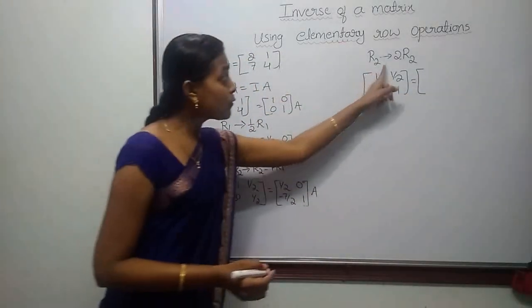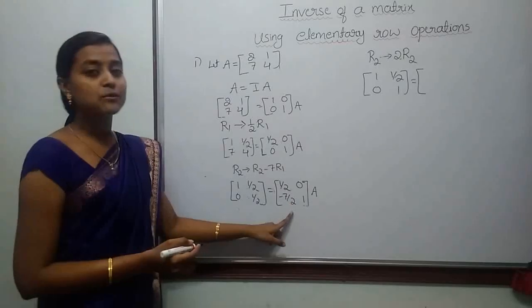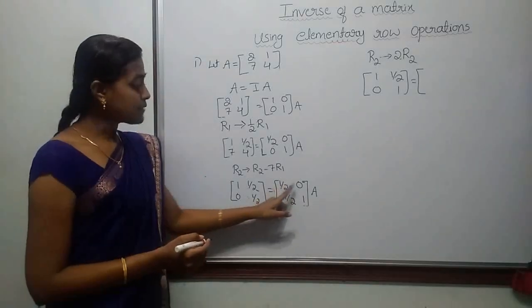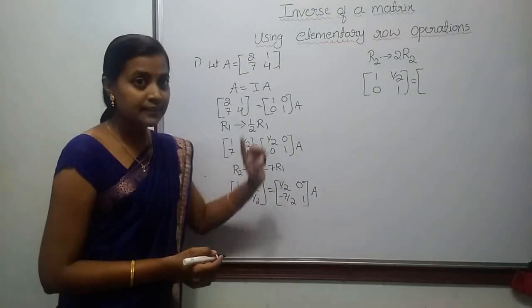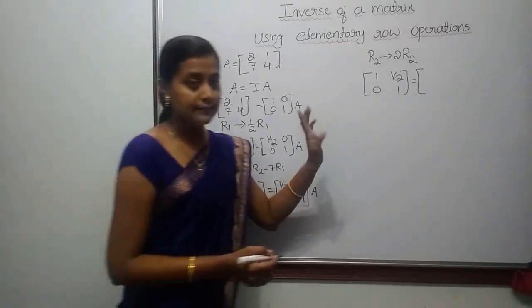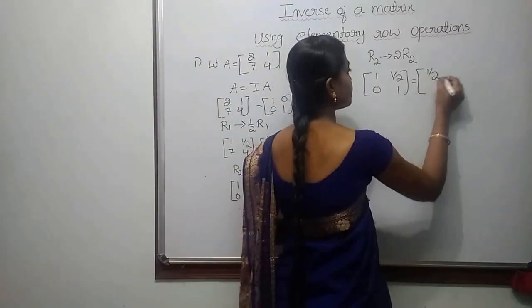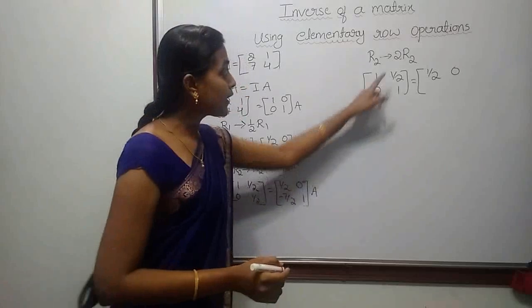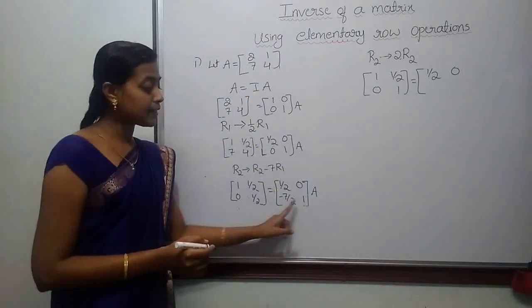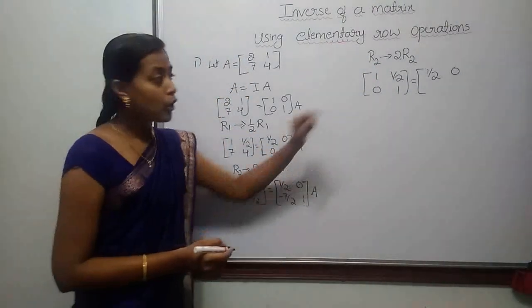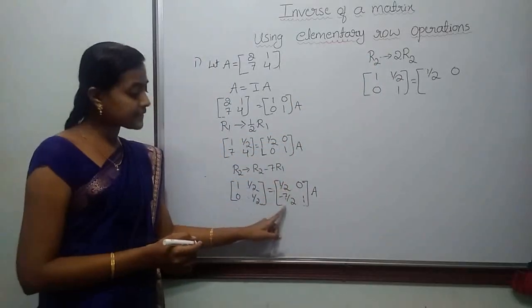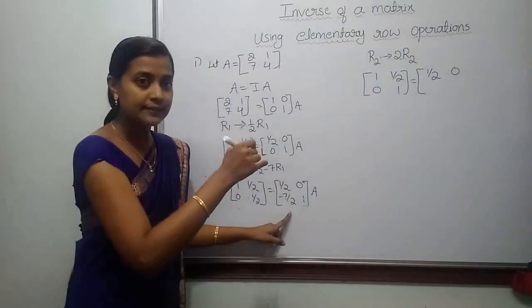Apply the same operation in the RHS also. I'll write the elements of first row as it is. 1 by 2, 0 as it is. Multiply 2 to each of the elements of second row. 2 into minus 7 by 2. 2 get cancelled.